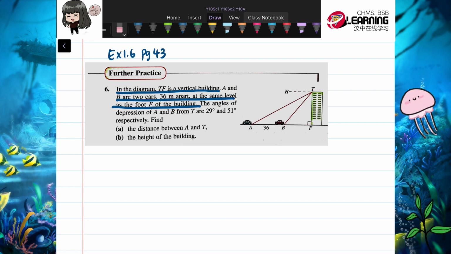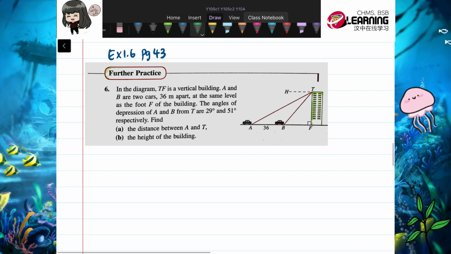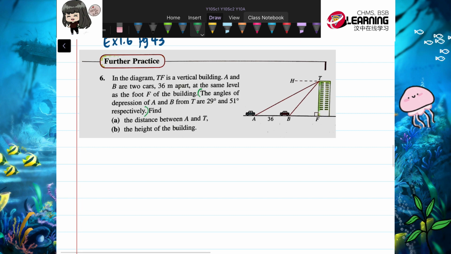Now this is the part where you need to apply your knowledge of angles of elevation and depression. The angles of depression of A and B from T are 29 and 51 respectively. You don't see 29 degrees and 51 degrees in this diagram. This is when you need to know what the angle of depression is.